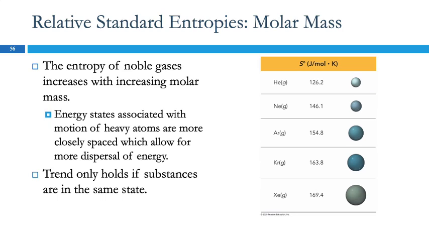So here we've got the noble gases, and we're looking at the entropy relative to their size. So we see that as the atoms get larger, the entropy gets larger. So energy states associated with the motion of heavy atoms are more closely spaced, which allows for more dispersal of energy. I don't think that's really a very helpful sentence, but there it is. So bigger things will have more entropy.